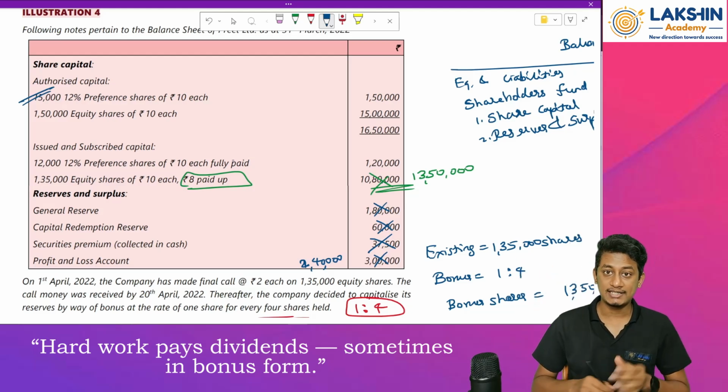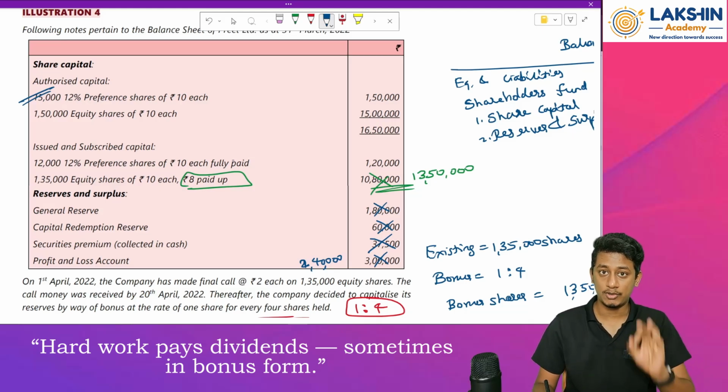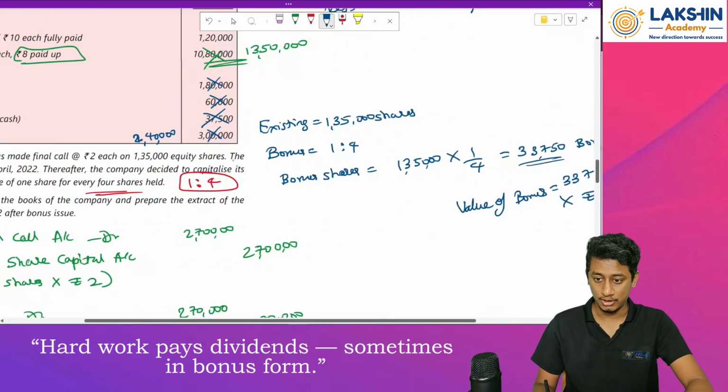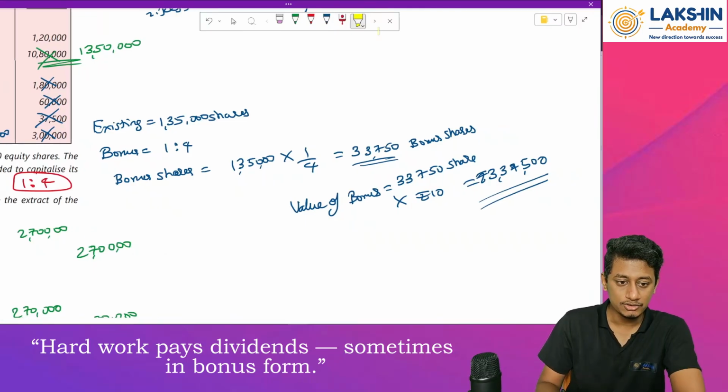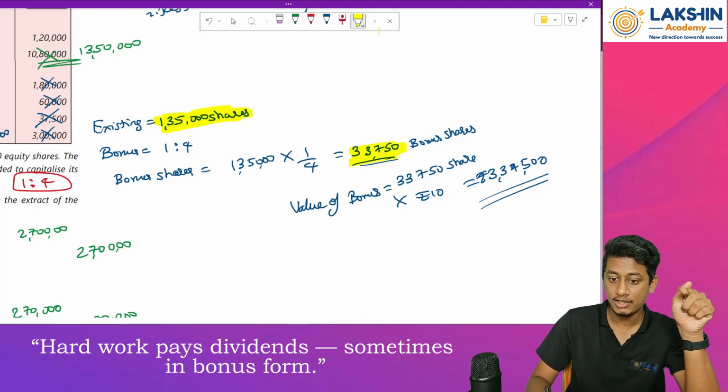Now in my case, tell me the number of equity shares after the bonus issue. So I had existing number of shares how much? 1,35,000. 1,35,000 plus how many bonus shares are issued? 33,750.